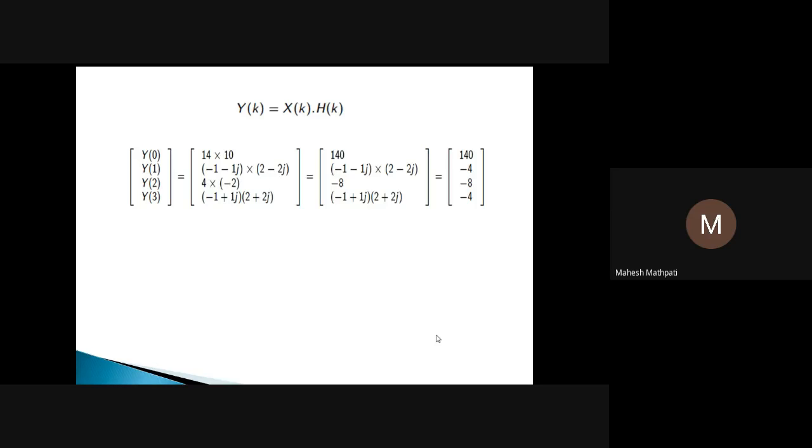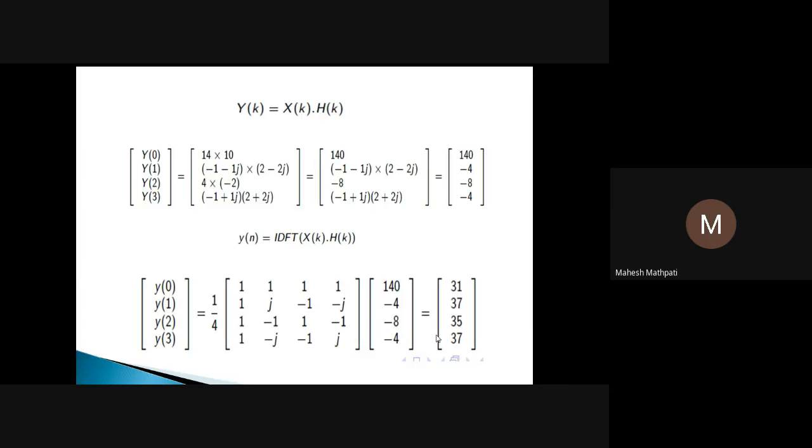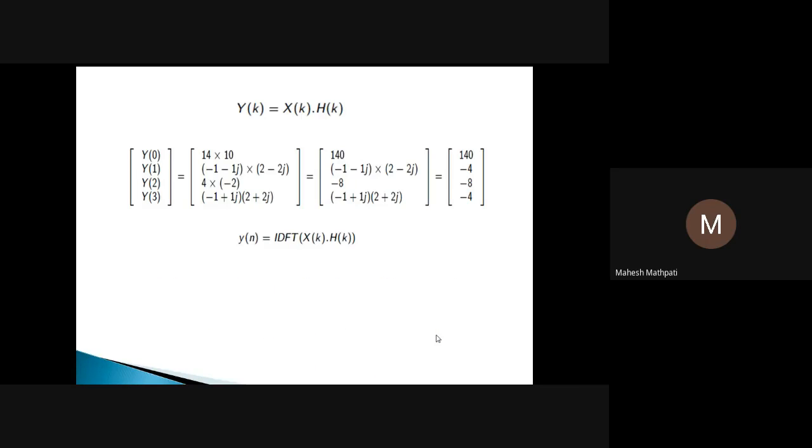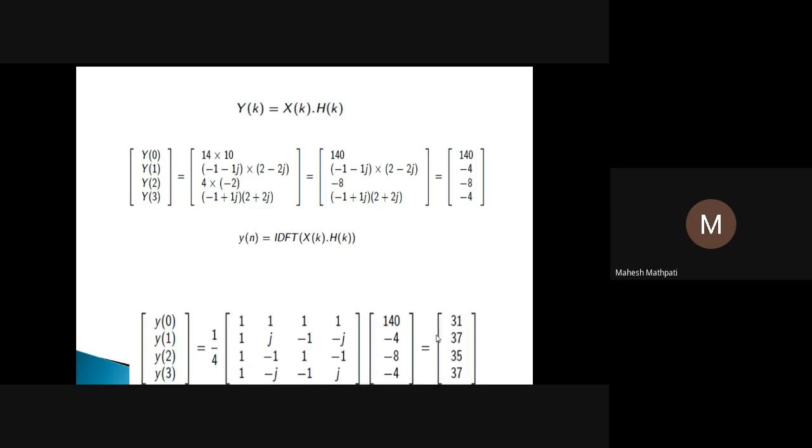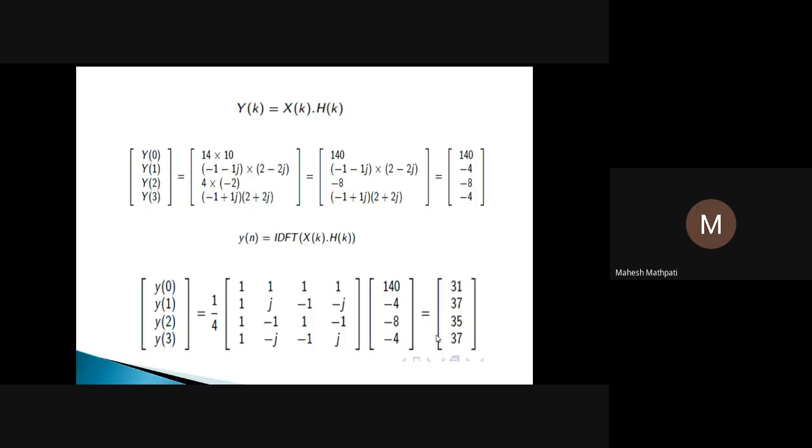Since it is y of k here, you write the formula as y of n equals 1 by N, W_N to the power minus kn, into y of k. Then just write the values. What is the N value? N is 4, as it is a 4-point. Then write its matrix and just calculate the answer.